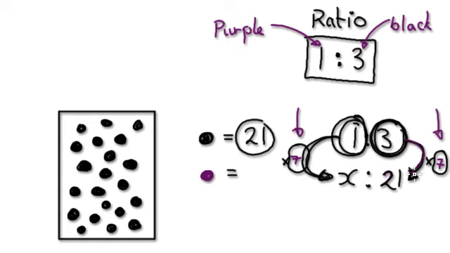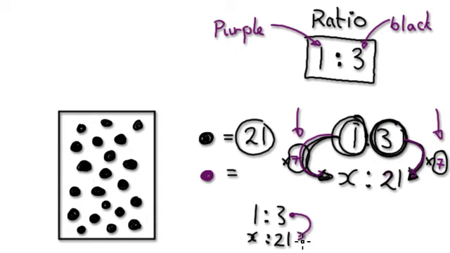So you've been given the ratio 1 to 3, and you want to get to 21, and you ultimately want to find out x.